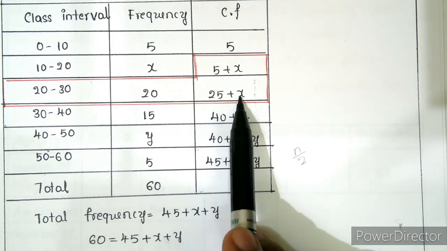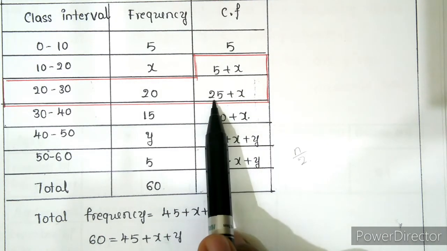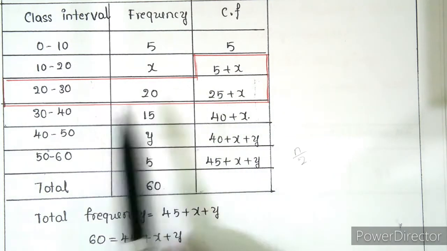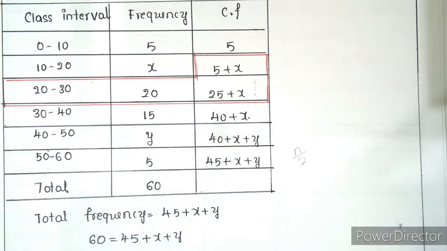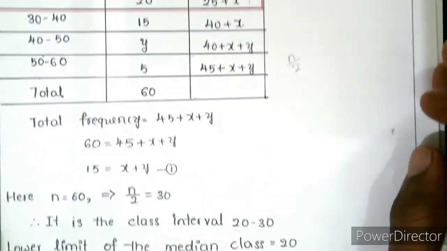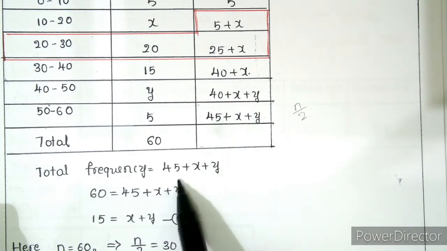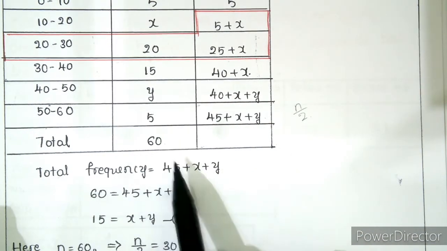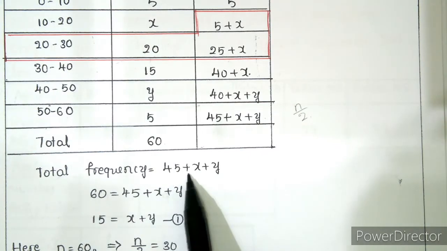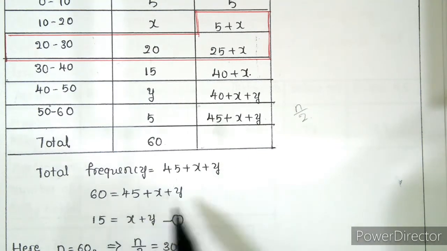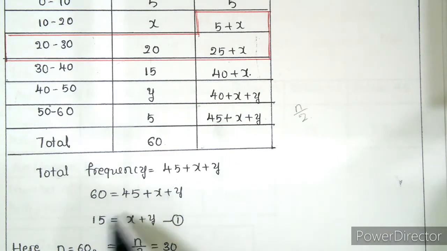Suppose x is minimum 5 or 6, so you get 30 in the column 20 to 30. So total frequency 45 plus x plus y is equal to 60. They given the total frequency 60, so x plus y you get 60 minus 45, you get 15. So equation 1: 15 equals x plus y.